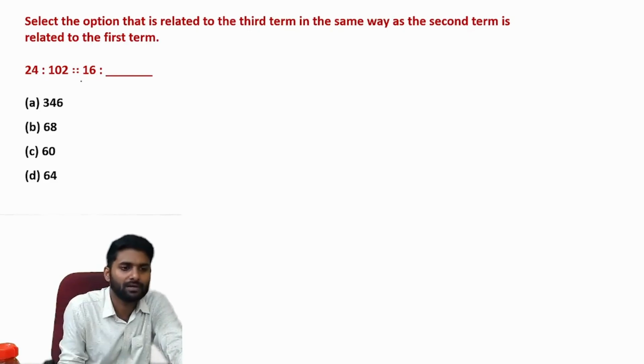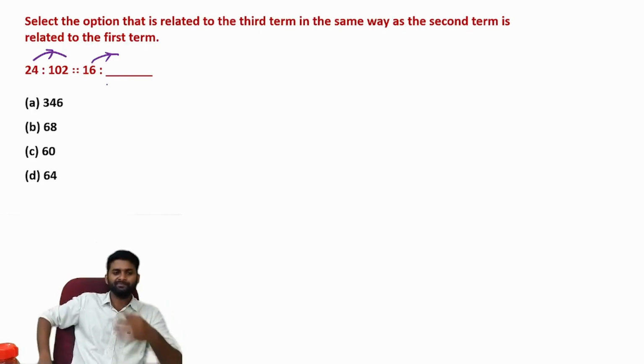Now same. Just find the relation between 24 and 102. Apply the same relation here.